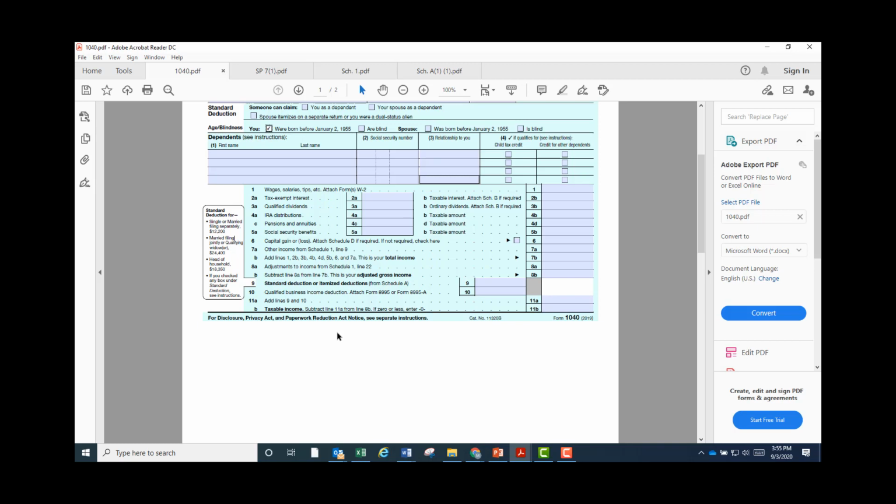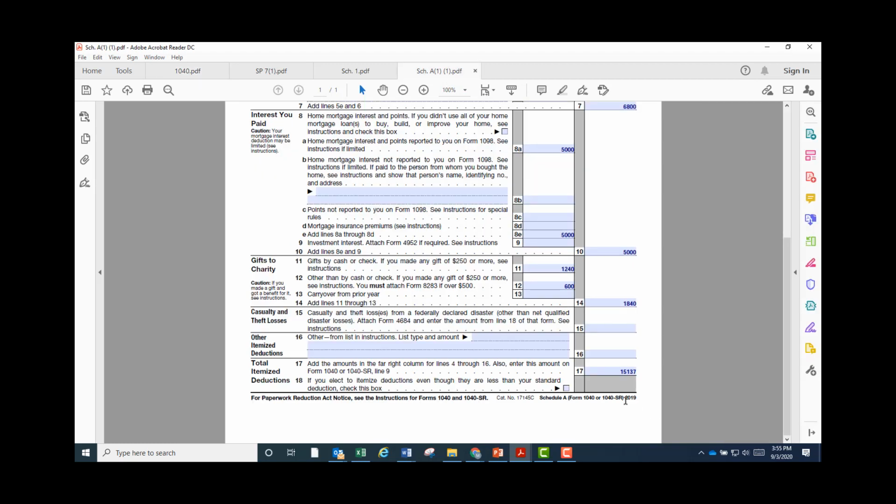Compare that to the amount of itemized deduction, $15,137. Which is higher and which would you want to use? This is higher, and that's what you want to use for the higher deduction.